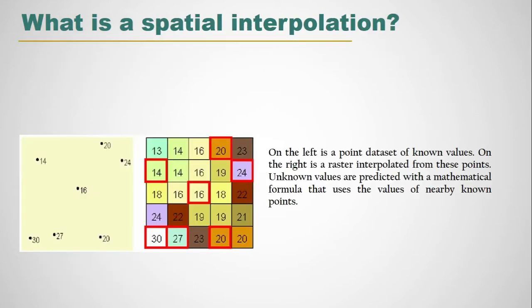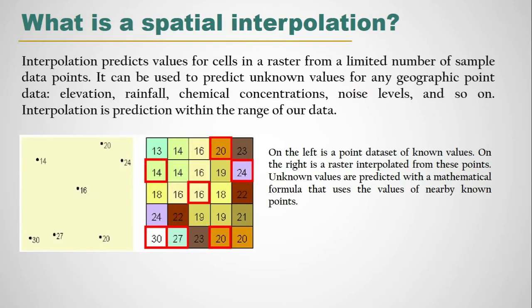What is spatial interpolation? Interpolation predicts values for cells in a raster from a limited number of sample data points. It can be used to predict unknown values for any geographic point data like elevation, rainfall, chemical concentration, noise levels, and so on.